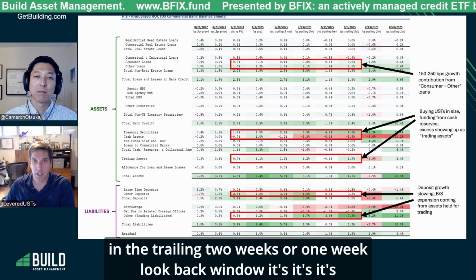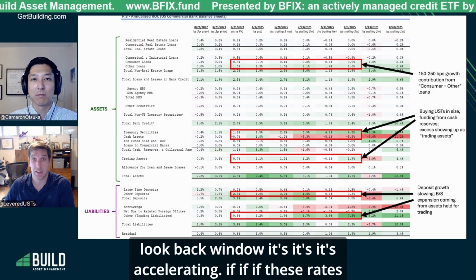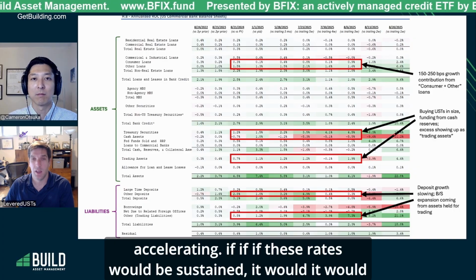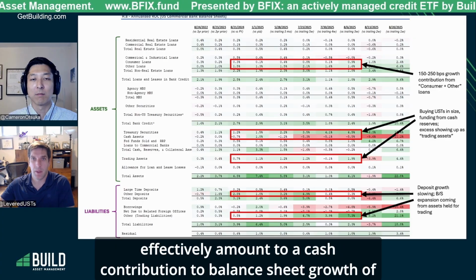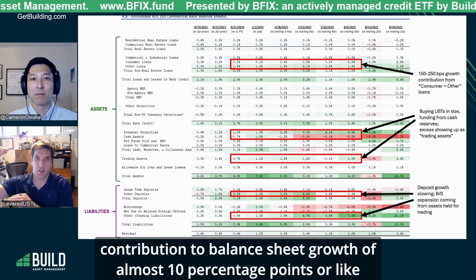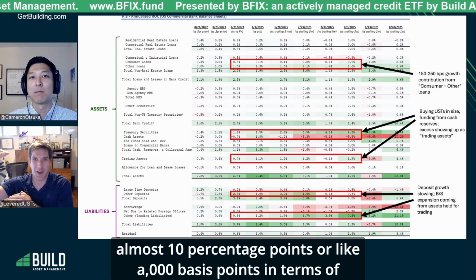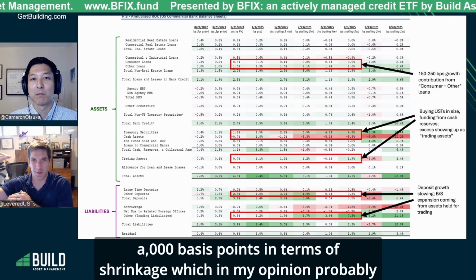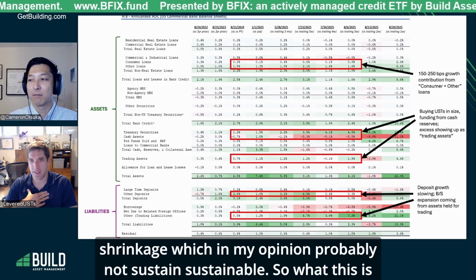And in the trailing 2 weeks or 1 week look back window, it's accelerating. If these rates were sustained, it would amount to a cash contribution to balance sheet growth of almost 10 percentage points, or 1,000 basis points of shrinkage, which in my opinion is probably not sustainable.